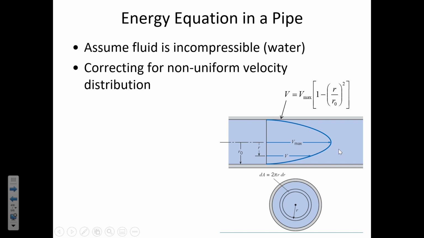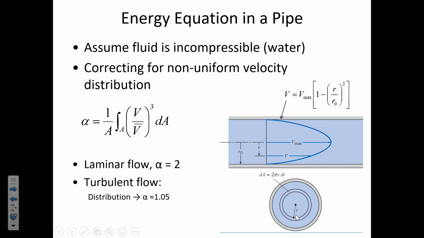Because here in the center of the pipe, there's a lot more kinetic energy than is actually represented by just applying the average. So the kinetic energy correction factor is determined by looking at the ratio of the velocity at any particular point to the average velocity and integrating over the entire cross-sectional area.